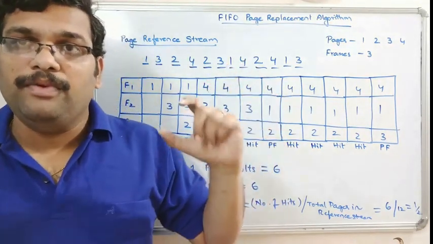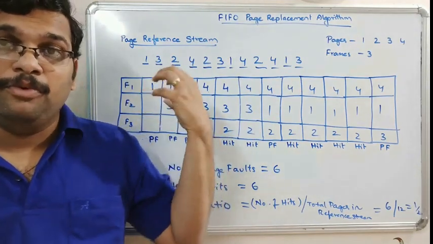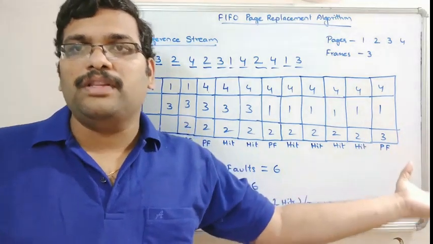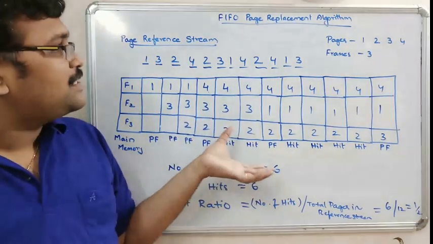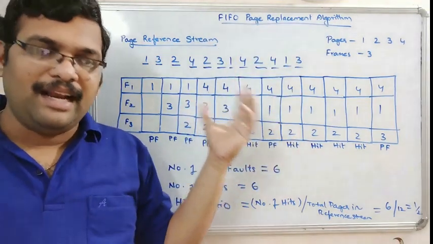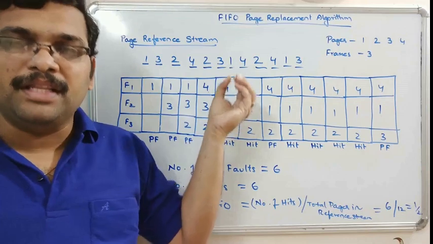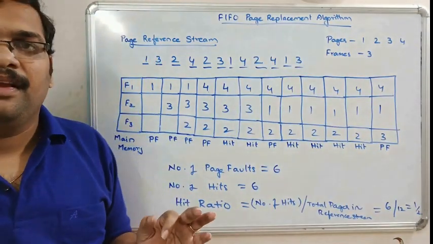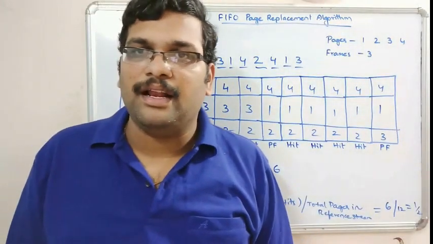If it is not available, we have to apply swap out and swap in. That means remove one page from the main memory and load the required page into the main memory. So in this algorithm, we select the first page which was loaded in the main memory, and that will be replaced with the required page. Right? So hope you understood this FIFO page replacement algorithm.